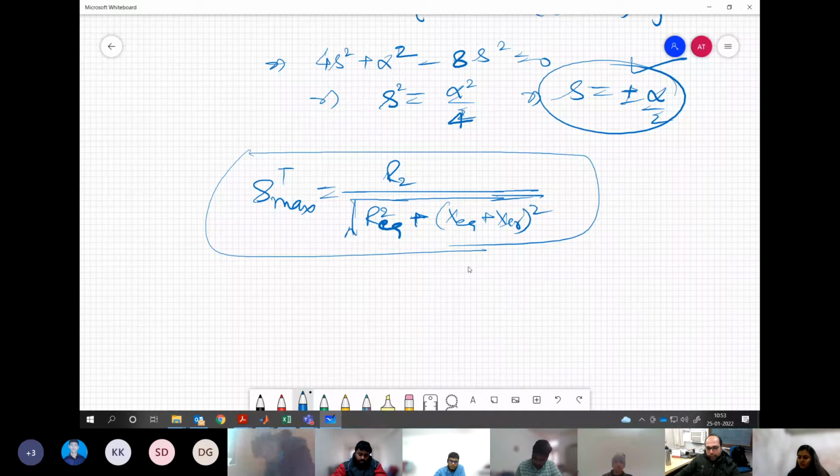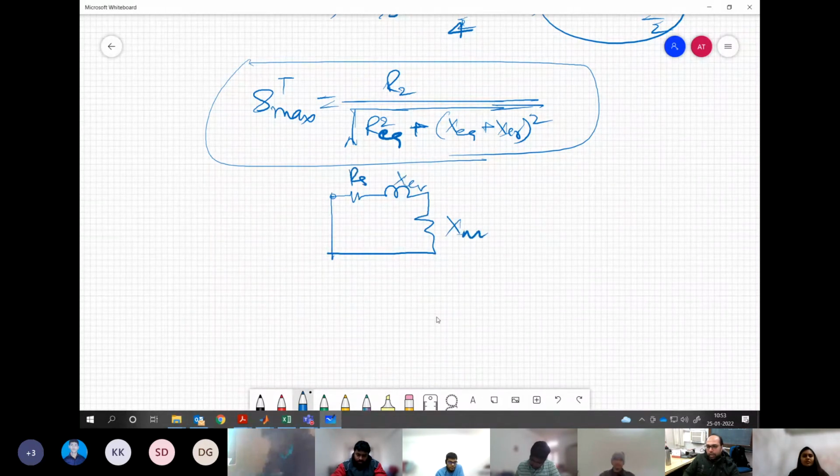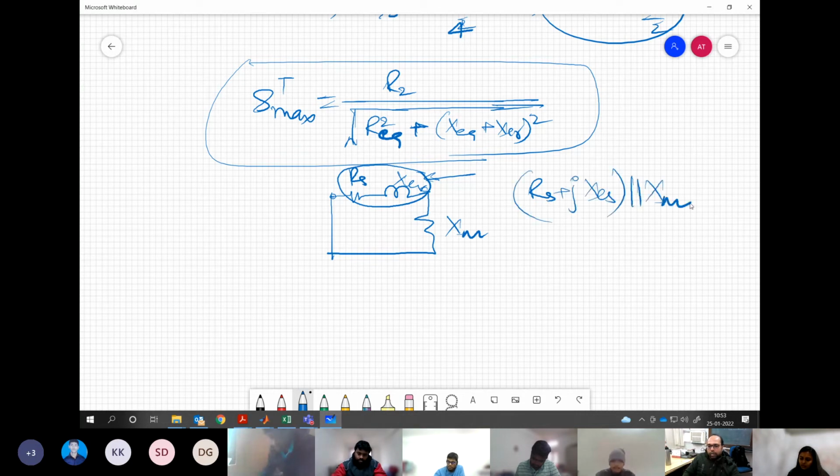Now, what we have basically Req and Xeq is basically the parallel connection of the magnetizing reactance and the stator impedance, XLS. So if you connect these two in parallel, effectively you will have this lower impedance only coming out. So RS plus jXLS parallel with jXM is more or less RS plus jXLS. Isn't it?